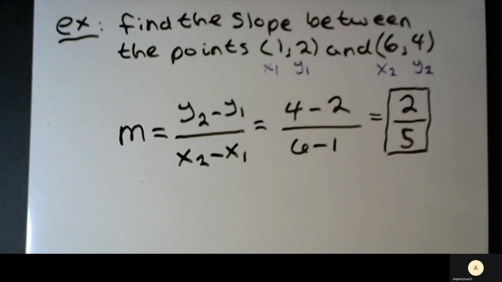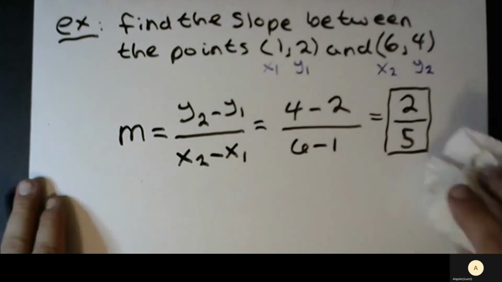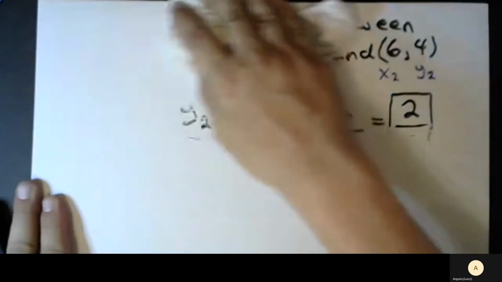So there's one last thing to mention. I want to mention what are called vertical lines, horizontal lines, and then something about slopes in general, about the signs on slopes.